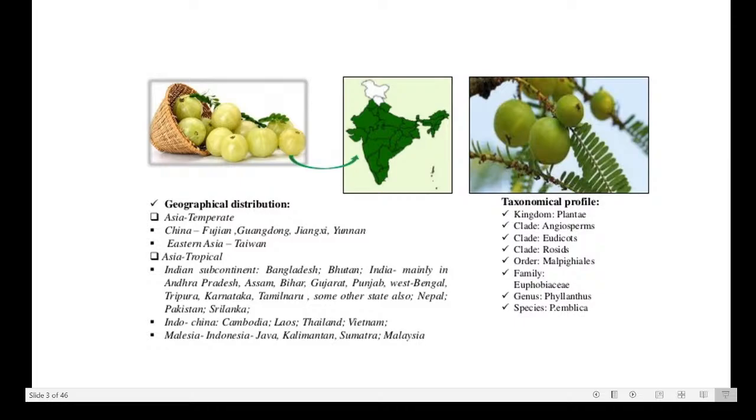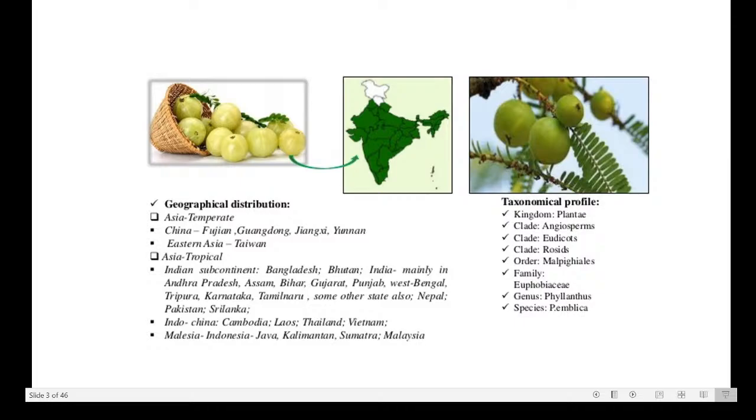If you plan to export this emblica to Malaysia or Singapore, they do not know the demand for this particular Phyllanthus emblica, so they offer a low export price. But if you export it to European countries, there is a high demand.